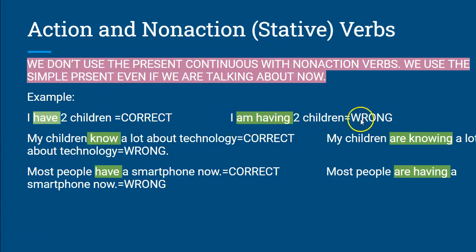This is wrong. My children know a lot about technology. I can't say, my children are knowing a lot about technology because this is a non-action verb. No. Most people have a smartphone now. Okay? We cannot say most people are having a smartphone now.